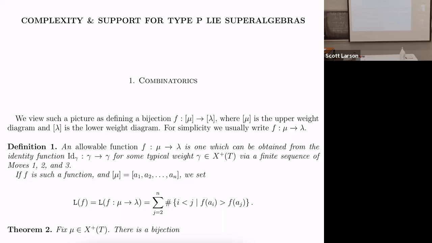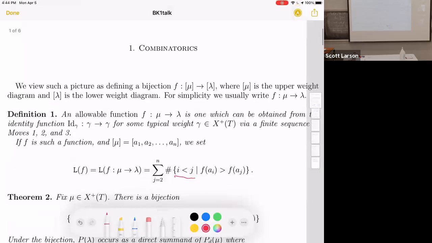Then if F is such a function, and the top weight has coordinates A1, A2, up to AN, we assign this integer L of F to F, which is the number of i less than j such that F of Ai is greater than F of Aj, remember i less than j means Ai is less than Aj, because the A's are in increasing order.